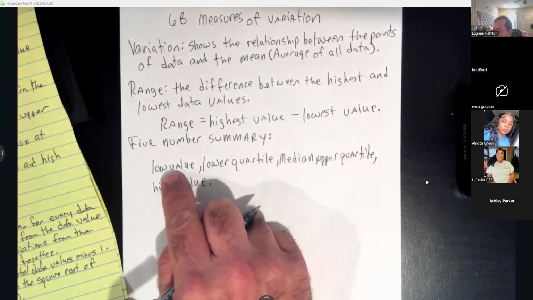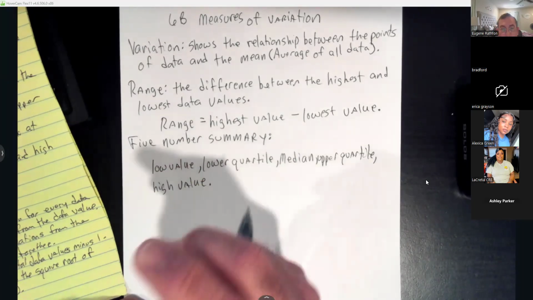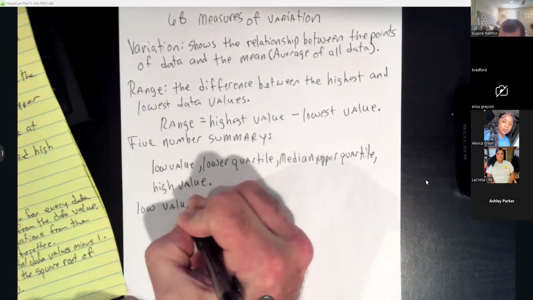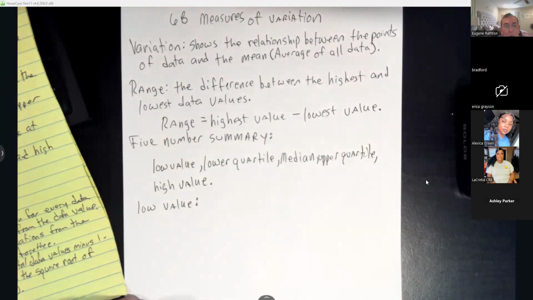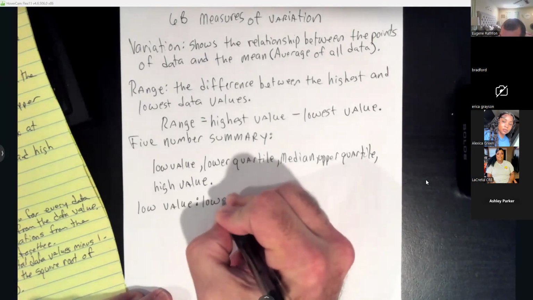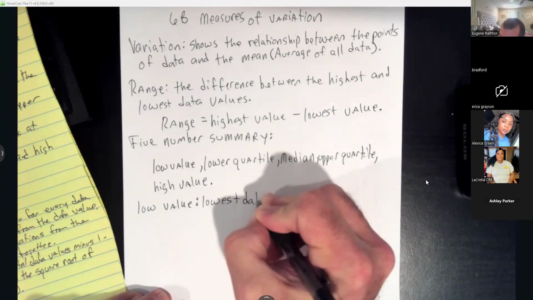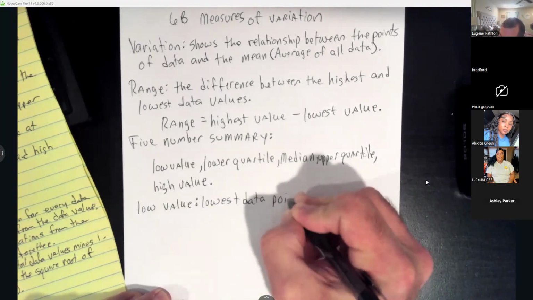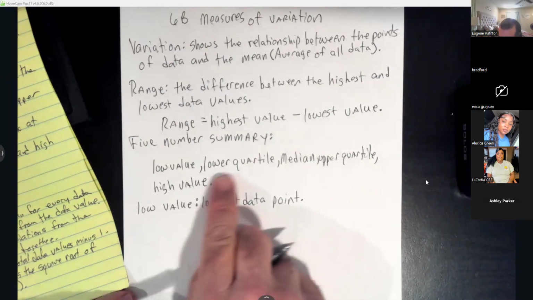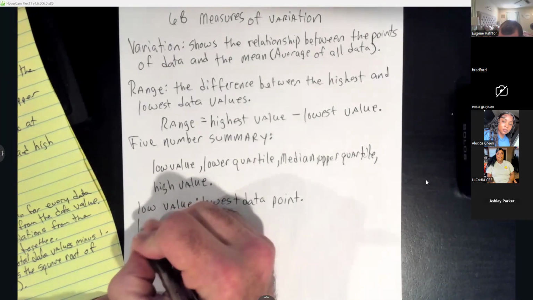So y'all, the low value, that's going to be the lowest data point. All right, then we got this lower quartile.